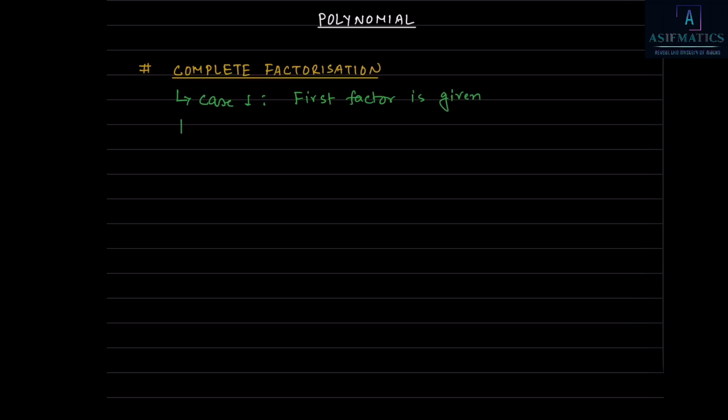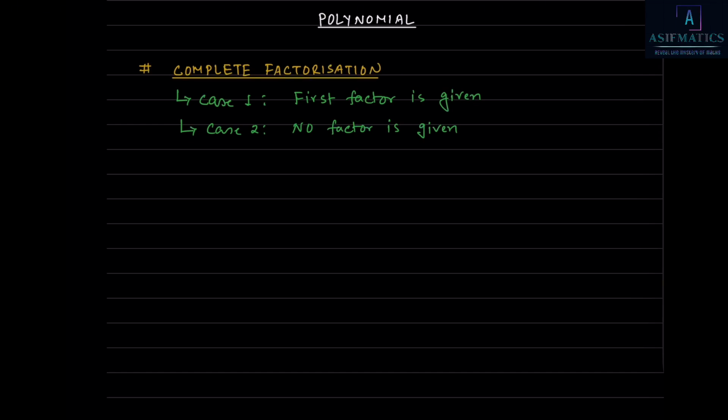Or in case 2, no factor is given, that means you do not have any factor, only the polynomial will be there, so we need to find out this one. So let's see the first case where one factor is given.